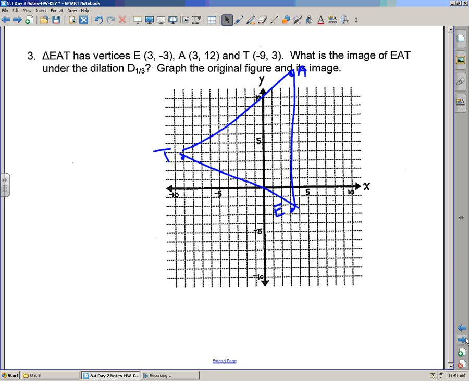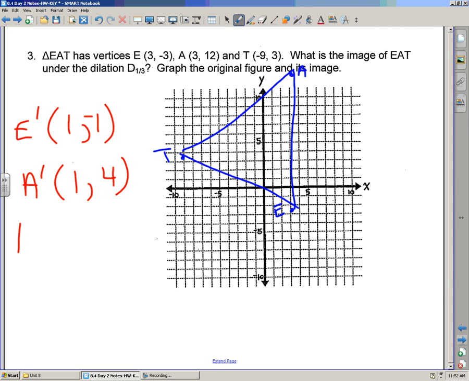Well, if I want to find my new EAT, which is going to be E prime, A prime, T prime, and I dilate by 1/3, all you're doing is dividing everything by 3. So the new coordinates of E prime would be 3 divided by 3, -3 divided by 3. A prime, 3 divided by 3, 12 divided by 3.